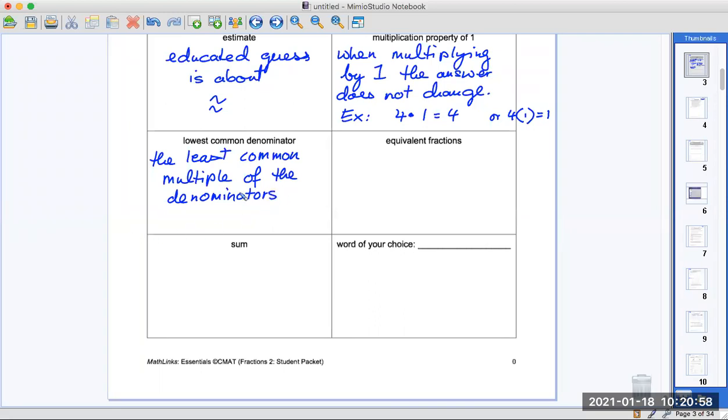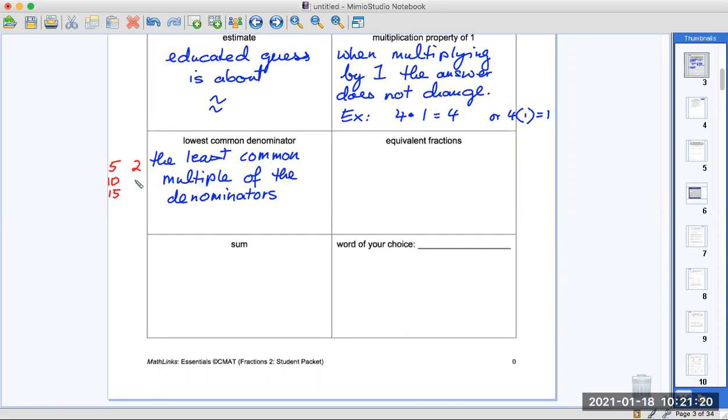So let me put some multiples here. That's why a multiplication chart is so handy. I'm going to find the multiples of 5 and write them here. And then I want to know 5 and 2. Between 5 and 2, what's the least common multiple or least common denominator?